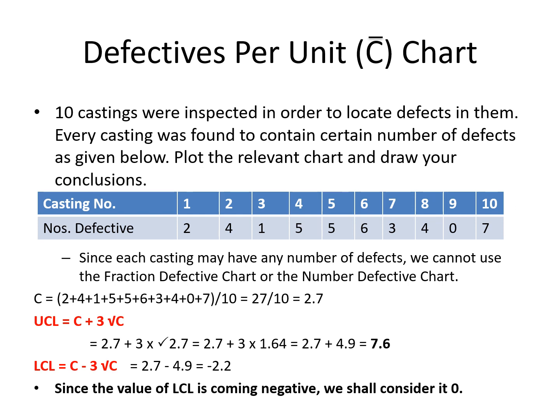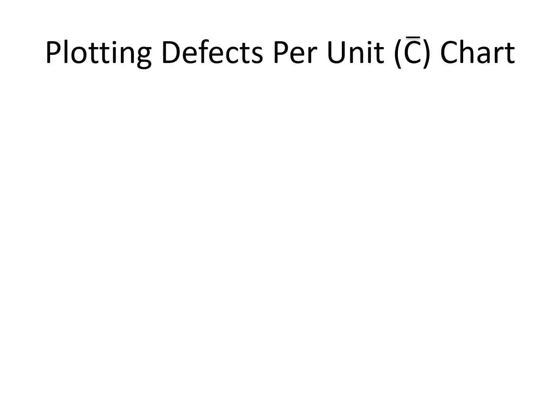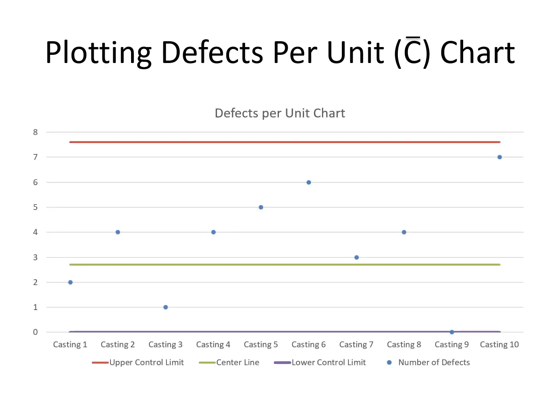So let us plot this and have a look at how the data looks on the graph. We have the center line at 2.7, the upper control limit at 7.6 and the lower control limit at 0.